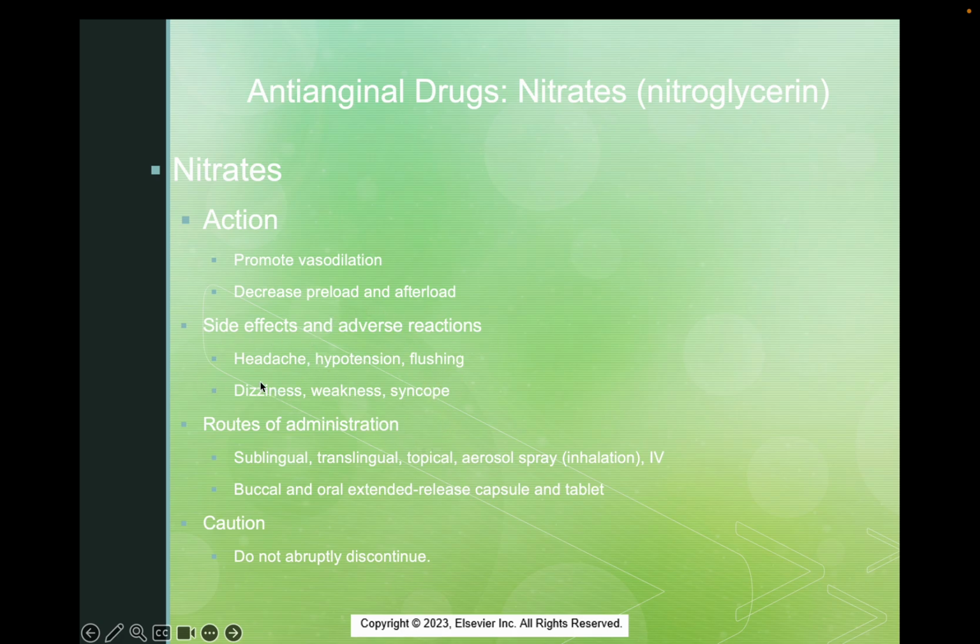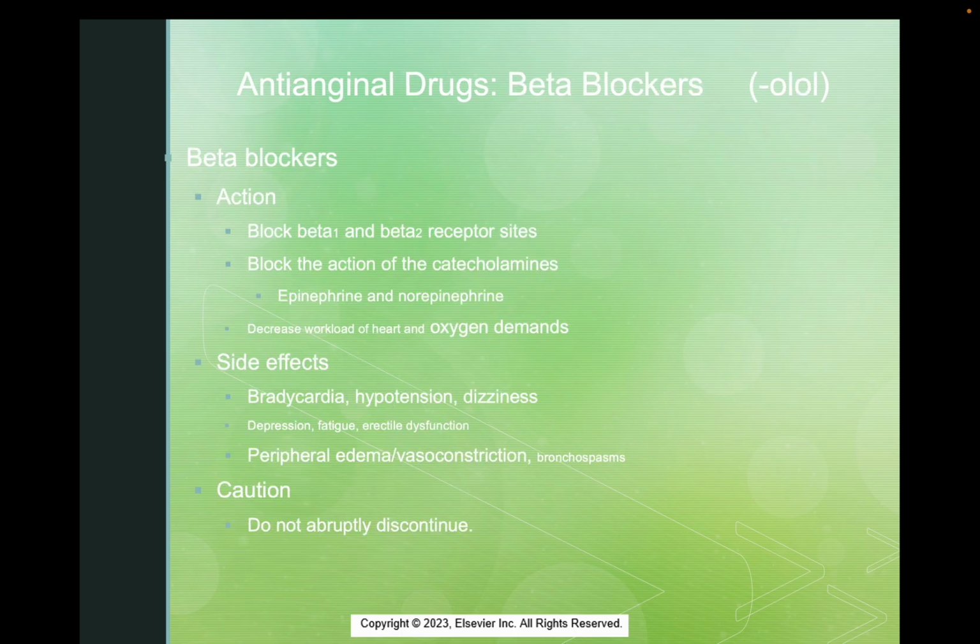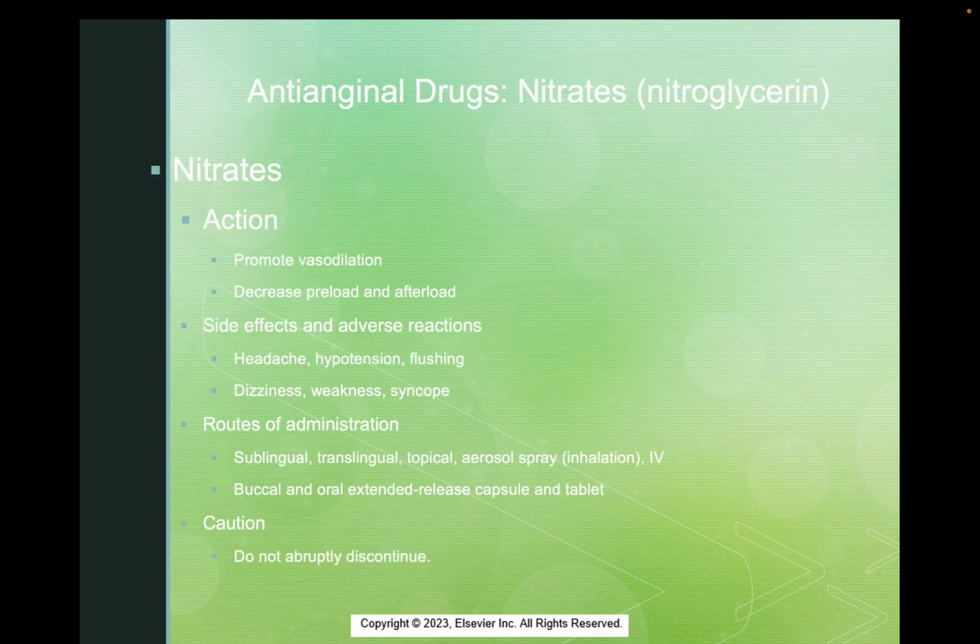They almost always complain of having a headache and feeling really lightheaded, and they feel hot because their face is flushing, and that's because of the vasodilation. Those are some things we need to assess in our patient and just reassure them that those are usually normal findings whenever they've had nitroglycerin. So that is your primary nitrate for the treatment of angina.